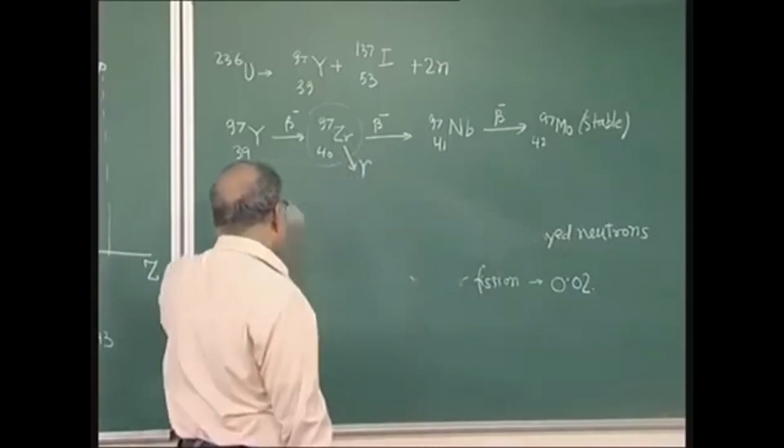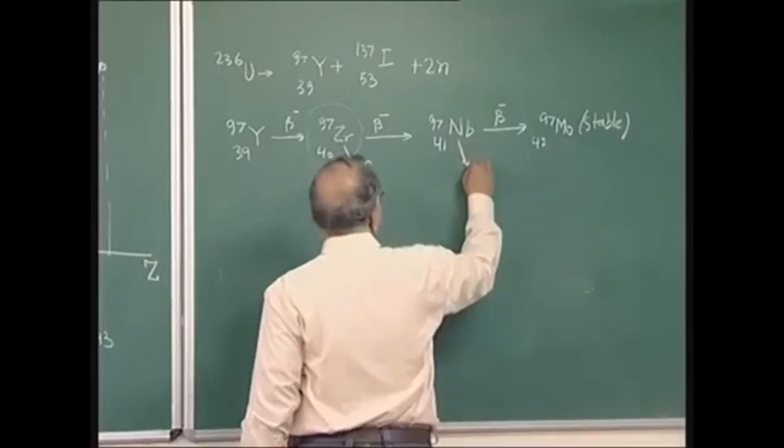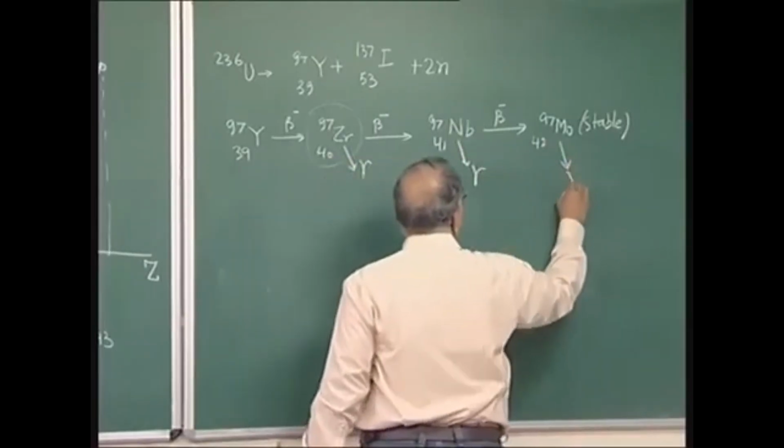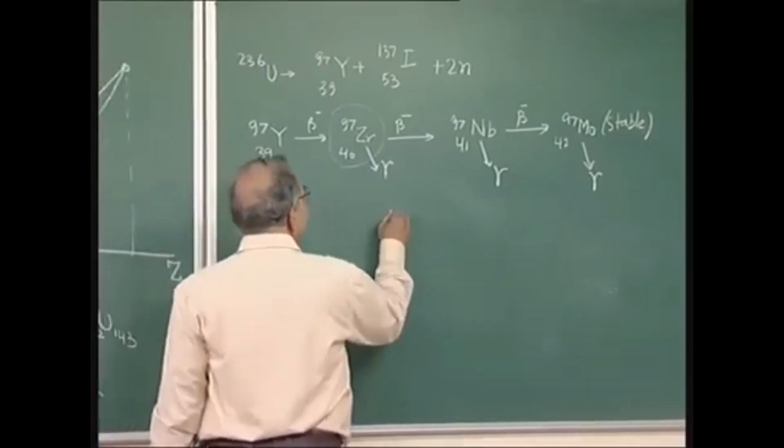After every beta you will also get gamma. These gamma rays are delayed gamma rays.